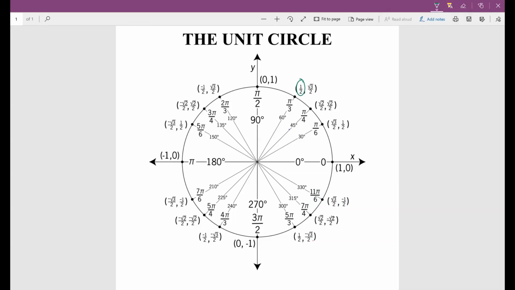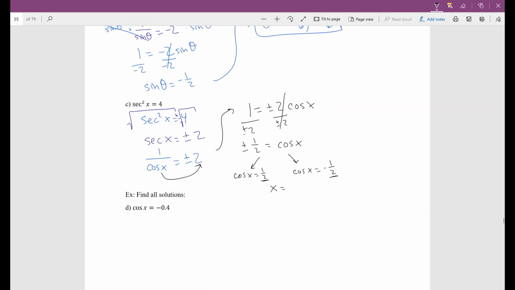So here's a 1/2, here's a negative 1/2, here's a negative 1/2, here's a 1/2. So what are all those angles? Pi over 3, 2 pi over 3, 4 pi over 3, and 5 pi over 3.